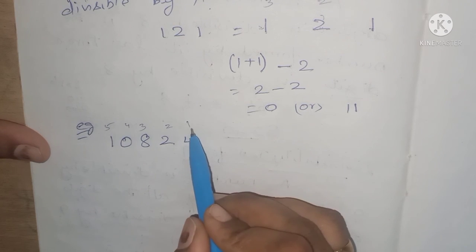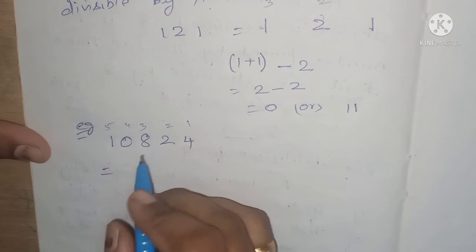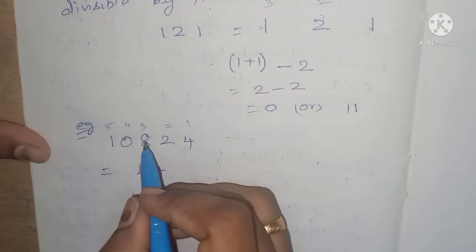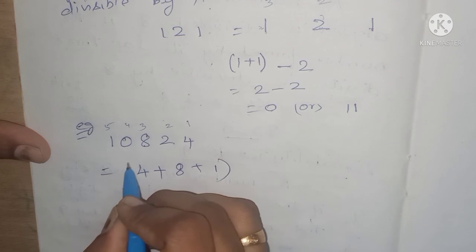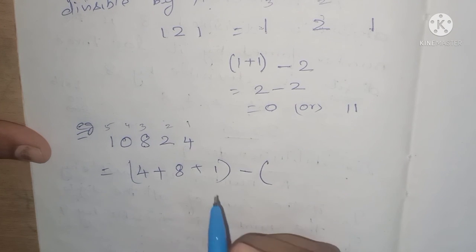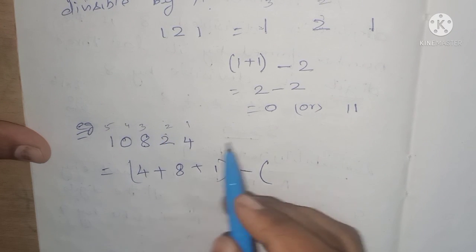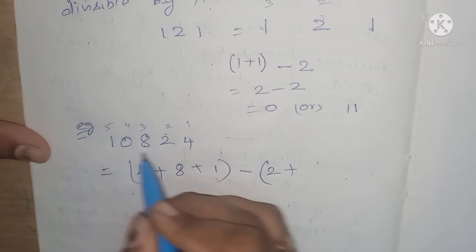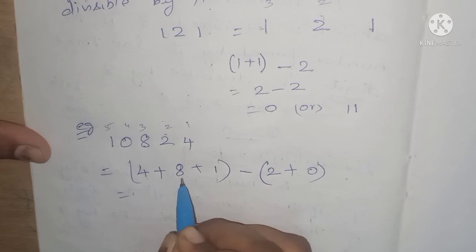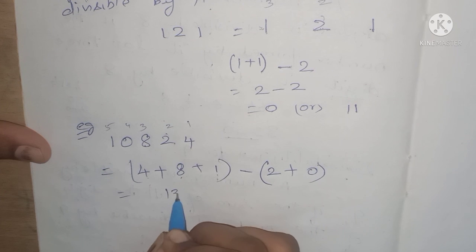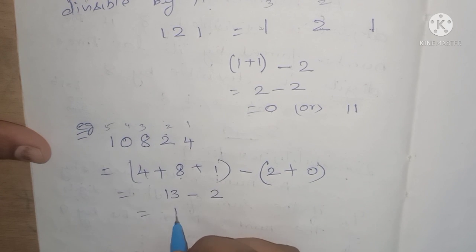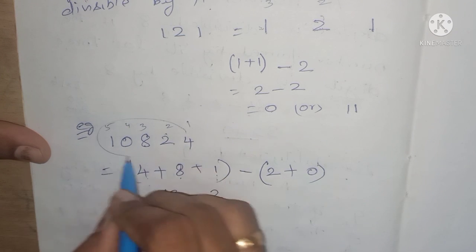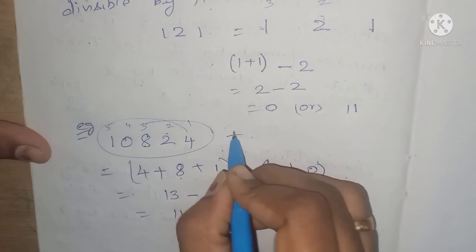So what are the odd place digits? 4 plus the third digit 8, plus the fifth digit 1, minus the sum of the even digits: the second place is 2 plus the fourth place is 0. So 4 plus 8 is 12, 12 plus 1 is 13, 13 minus 2 plus 0, which is 2. So 13 minus 2 is 11. So we obtained the answer 11. So we say that the entire number is divisible by 11.